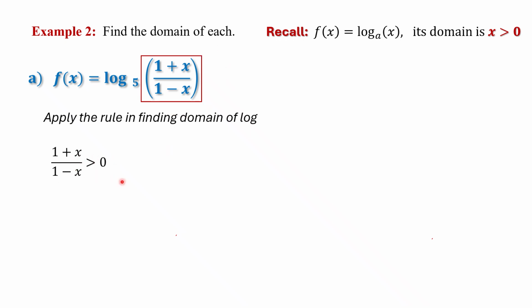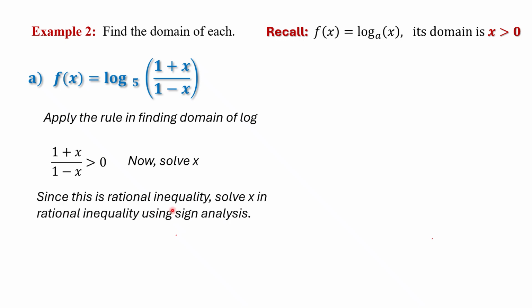And we're going to solve for x here. Since this is a rational inequality, so solving x in a rational inequality, we have to make use of the sign analysis. So in sign analysis, we need the zeros of the numerator and denominator. And they are negative 1, because the 0 here is negative 1, and the 0 here is positive 1. So we will have negative 1 and 1 in the real number line.